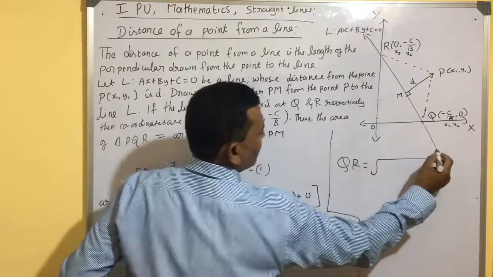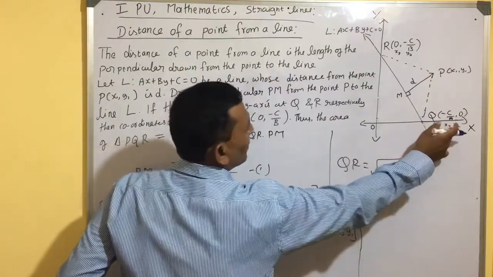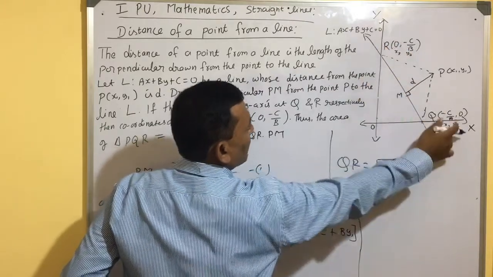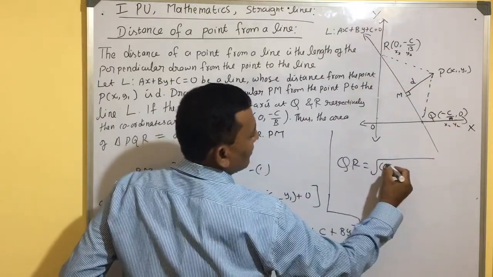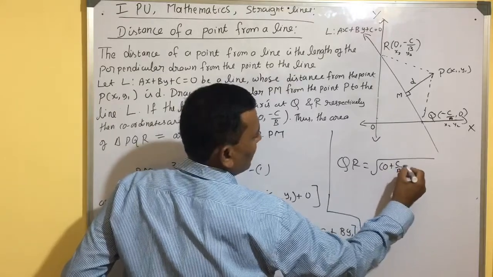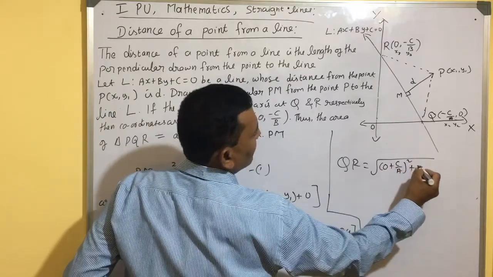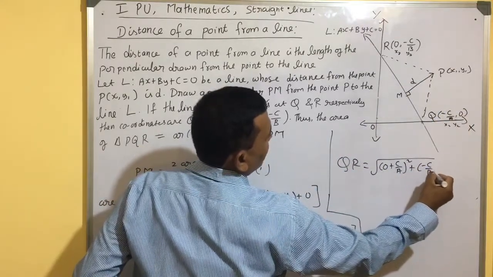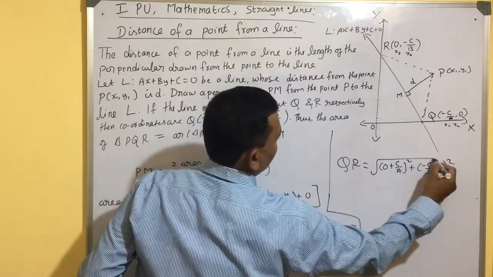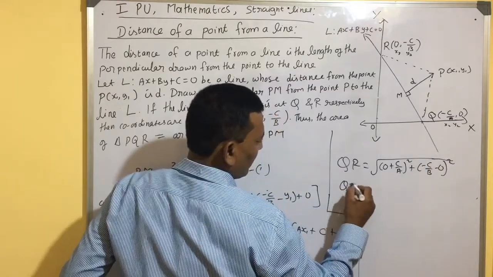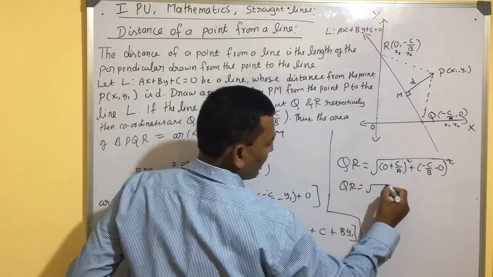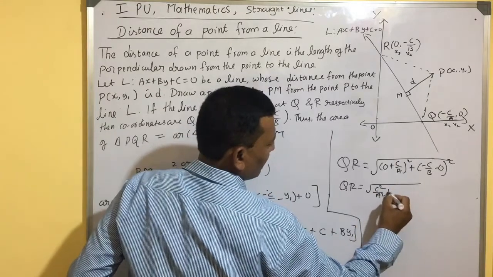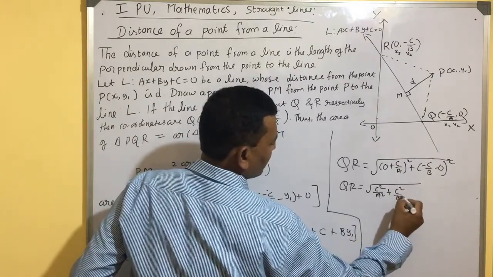Distance formula is x2 minus x1 whole square, here it will be x3 minus x2, that is 0 plus c by a whole square plus y3 minus y1, that is minus c by b minus 0 whole square. This is QR will be equal to root of c square by a square plus c square by b square.